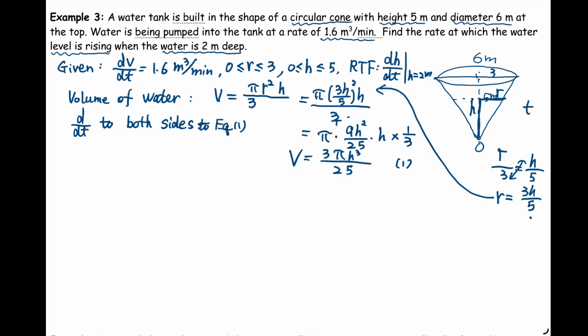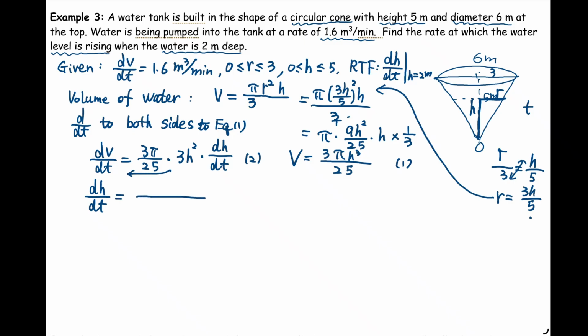Then do the derivative to both sides of equation 1. Then we are going to have dV by dt on the left side equals 3 pi over 25, which is a constant. We leave it here. h cubed becomes 3h squared. Then remember it is a chain rule. h is a function of time. So times dh dt. This is equation 2. So we want to solve for the rate of change dh dt. So we move all the other terms to the other side.